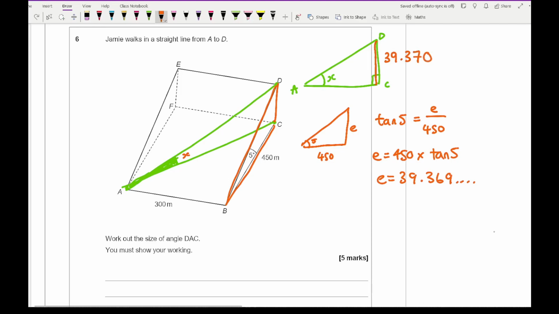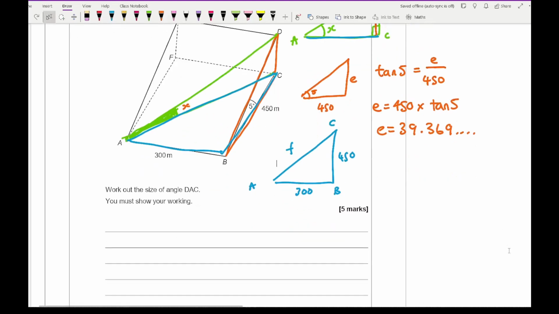Okay, and the next thing I need to find is A to C. Looking at A to C, that's this blue line. So if I draw another right angle triangle, and this is A, C, and B, this is 450 and this is 300. Let's call this side here F. So using Pythagoras, F squared equals 450 squared plus 300 squared, which equals 292,500.